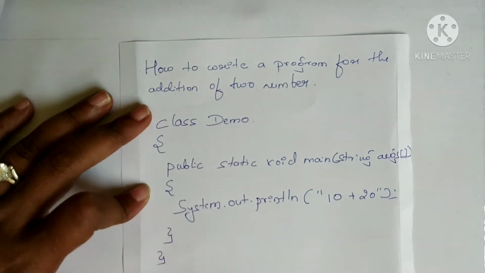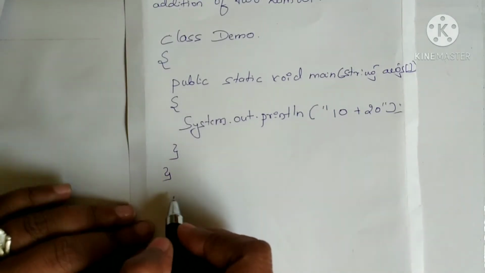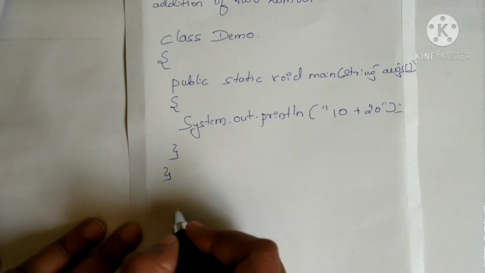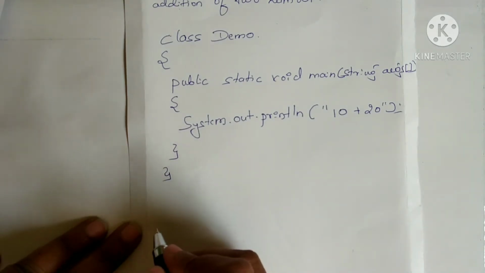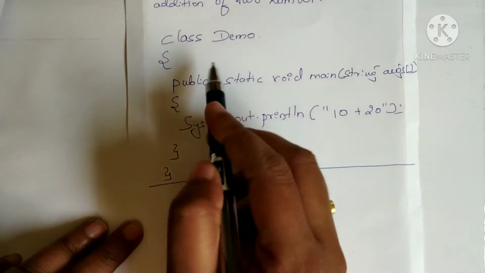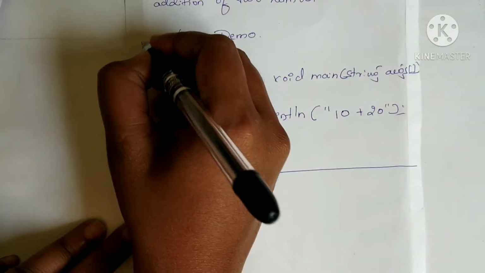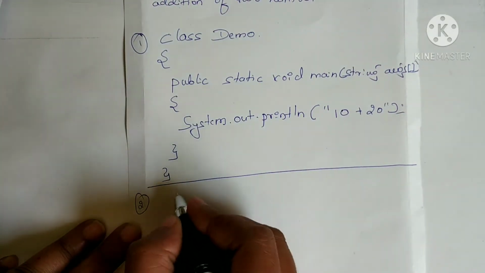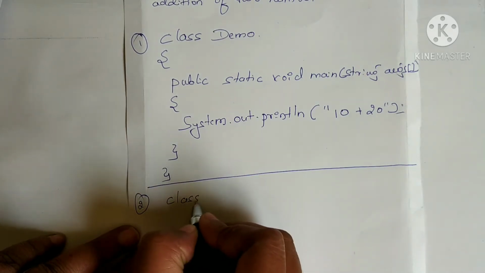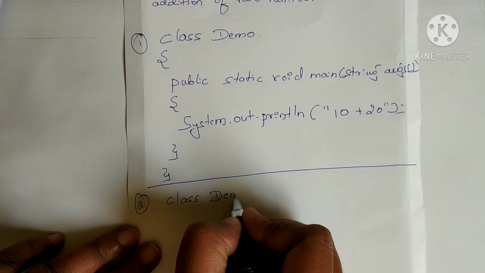Then another way is there, for initializing a variable. Also we can write an addition of two numbers program. Now we can see, first one is this, second one is this. For that also we can write a class, the name is Demo.